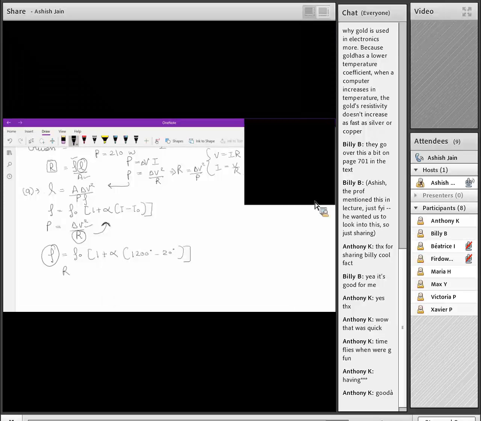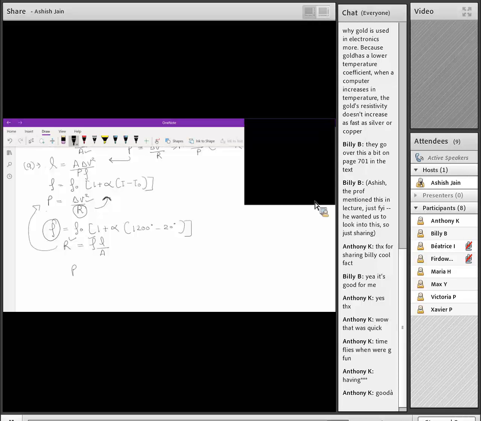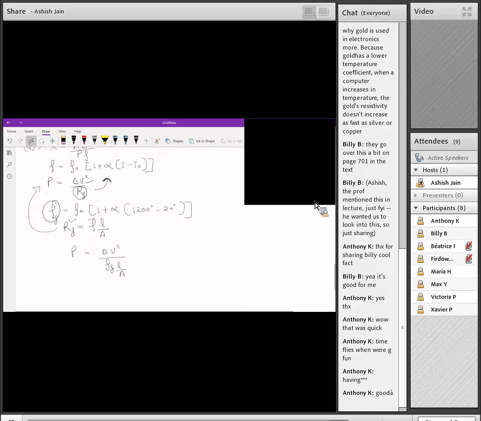Yeah, 20 degrees, it's right here. Minus 20 degrees, you use that. You find rho from R given as rho L by A. You find R and you substitute it back into the equation. Let's call it RF, rho F: delta V square by rho F L by A.